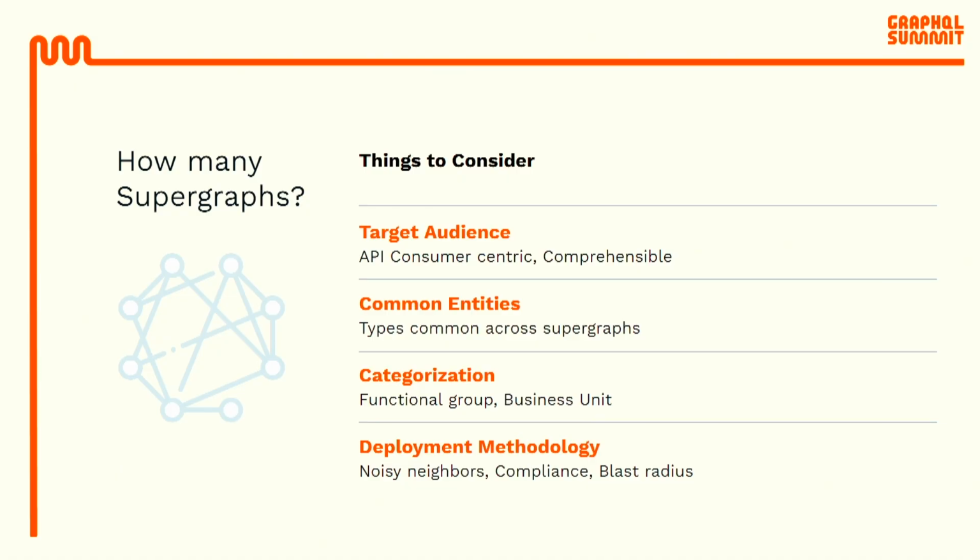And deployment methodology is basically, if you want to avoid noisy neighbors, if you have different sets of products, there could be a peak for one particular product at one particular time, and you don't want that peak to impact others who are not at that peak. There could be other considerations as well. These are all things that we wanted to consider, but we started with one. But we had to make sure we could support multiple supergraphs.